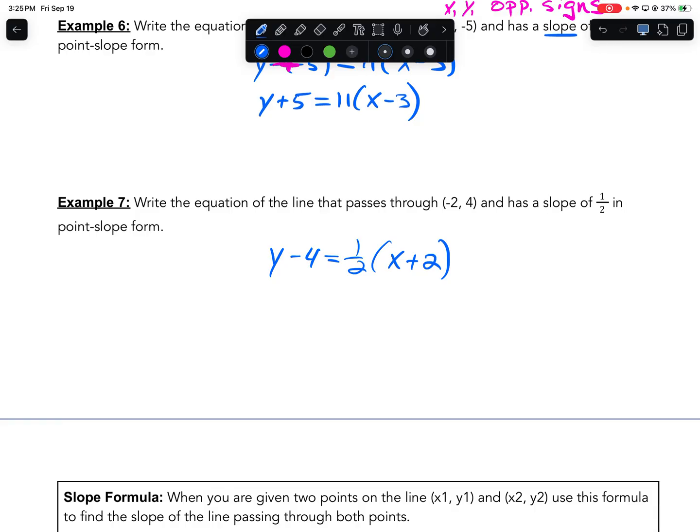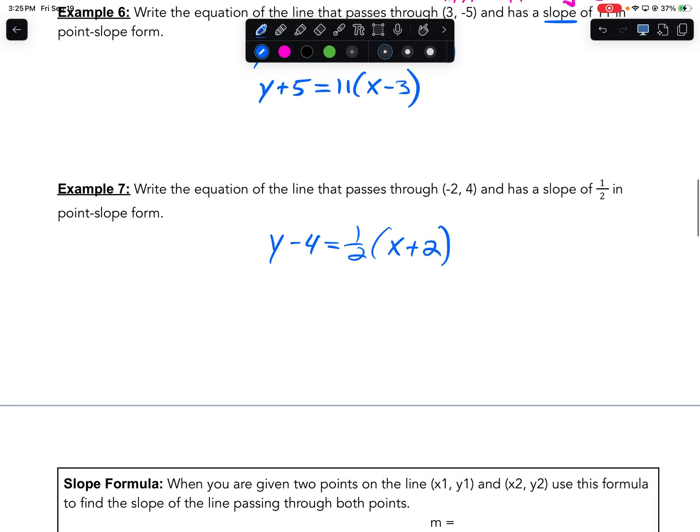So instead of positive 4, it's negative 4. Remember the y comes first. That's another thing. People plug in the x where the y is and the y where the x is. So just be careful with that, right? But instead of positive 4, it's negative 4. Instead of negative 2, it's positive 2. So that's what I mean by the opposite signs.